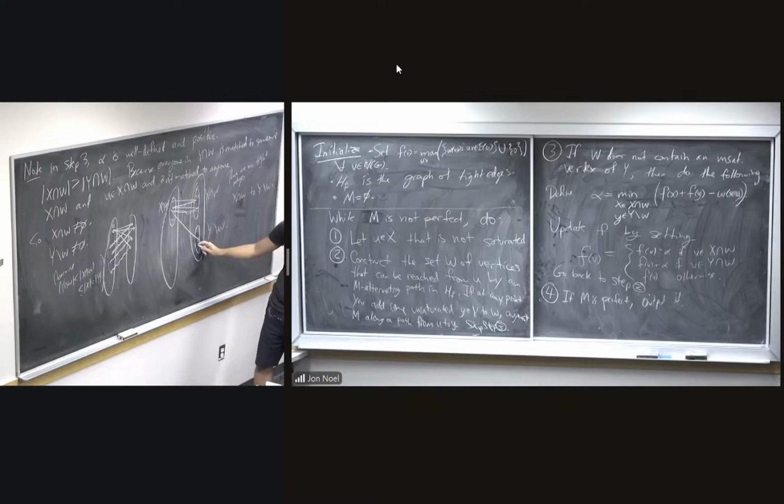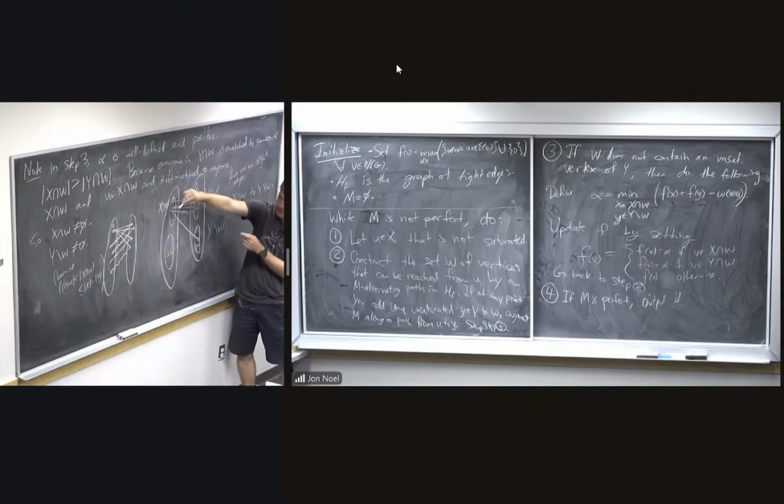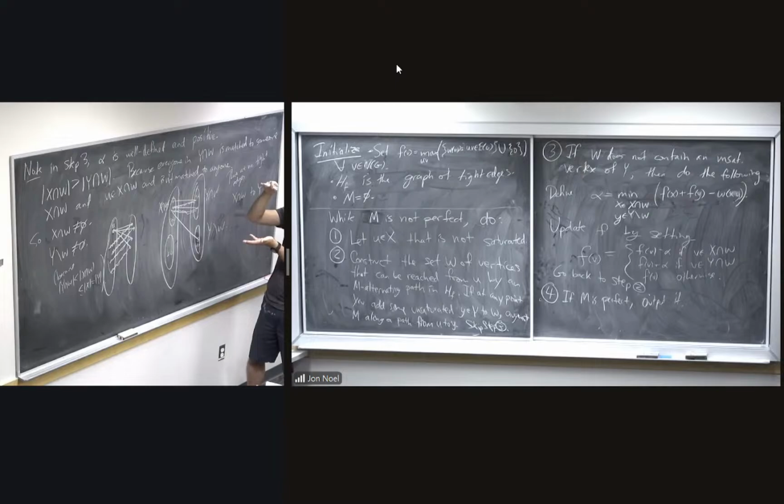And everything here just stayed the same, like it's plus 0. But one of these edges, the one that had the minimum gap where alpha was defined, that one's now going to be tight. So one edge that wasn't tight before, we've decreased this by alpha, and that edge became tight.